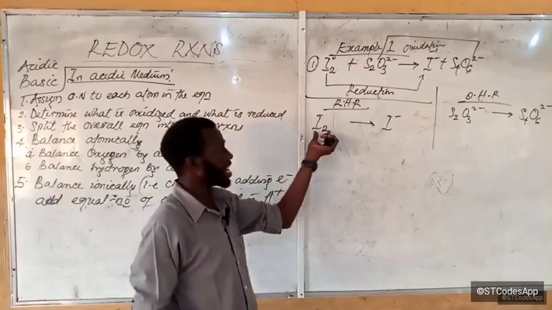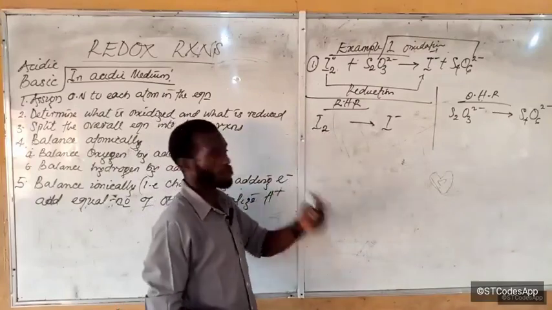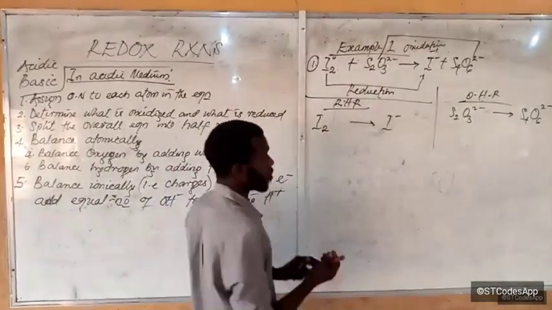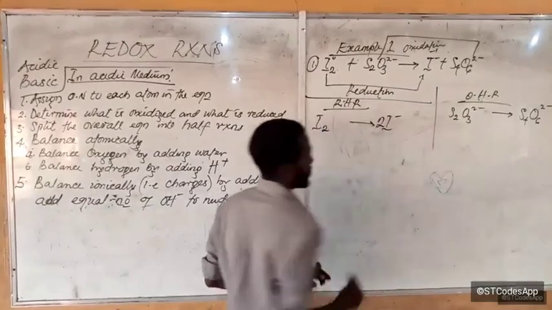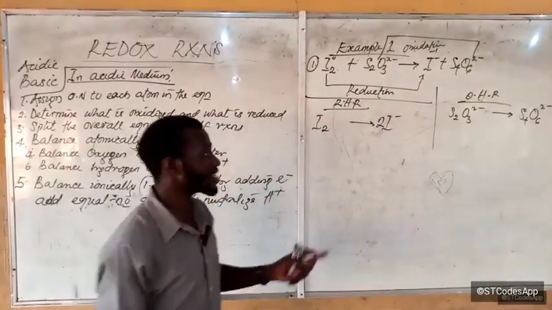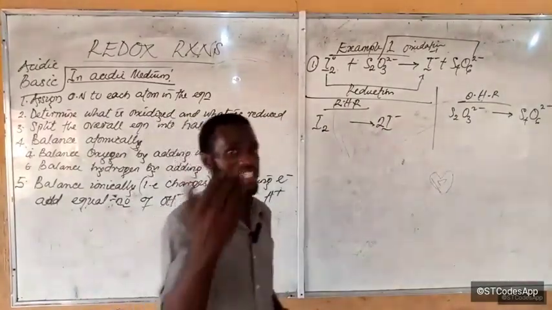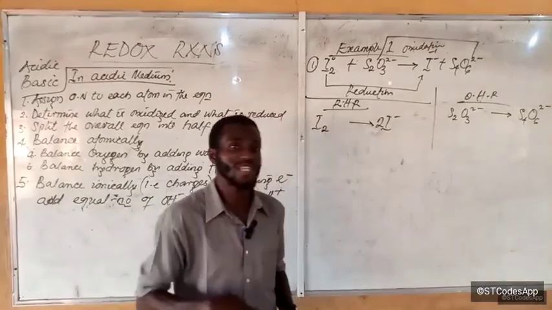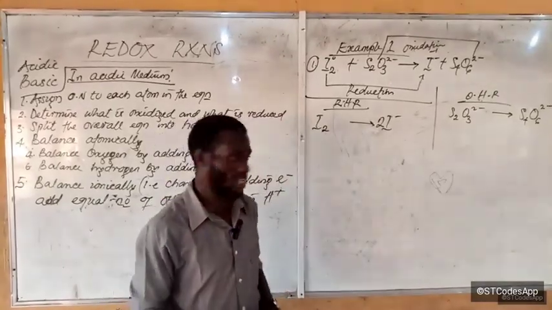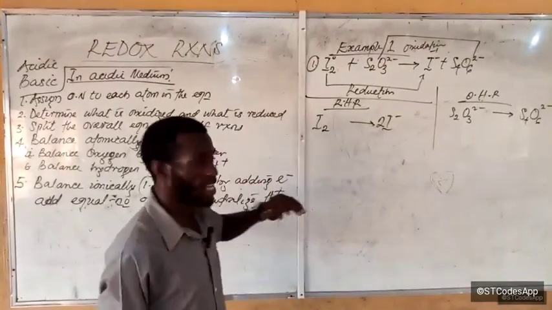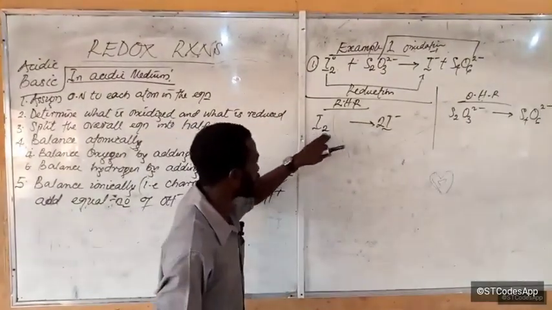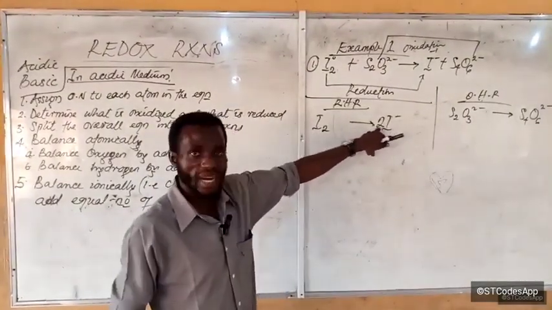How many atoms of iodine do we have here? 2 atoms. How many do we have here? 1 atom. So we come and add 2 here. Now, if you don't understand how I did this, I'm going to link the video of how to balance chemical reactions down in the description. Is that okay? In the case where the atom is 2 here, we basically add this number here, the molar number.